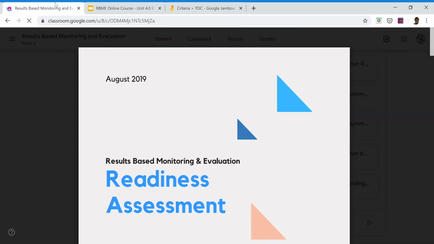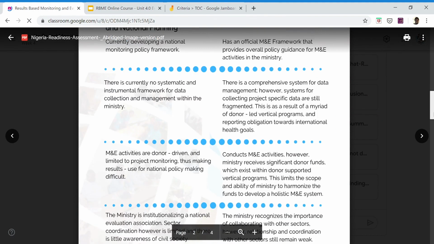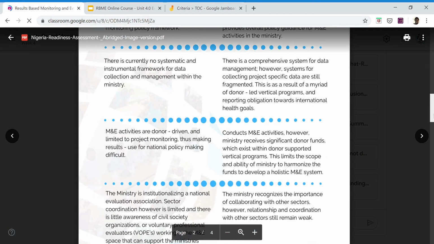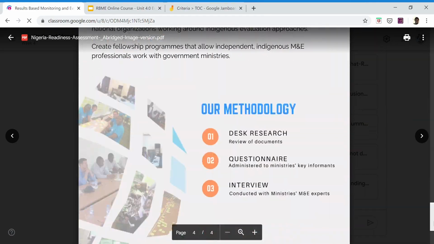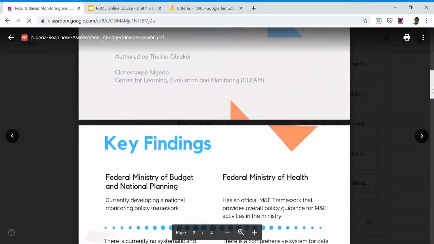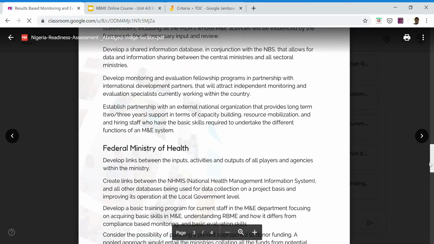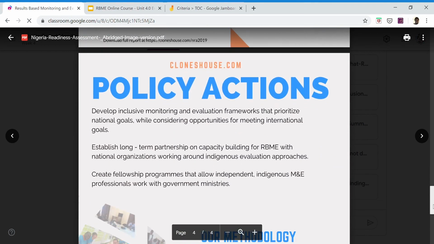They have to be key strong verb words, and this is an assessment of two ministries in Nigeria, which was earlier shared with us. You can see this is a 4-page report, right? This is what goes to decision makers, and not the other 40-page report that was done.